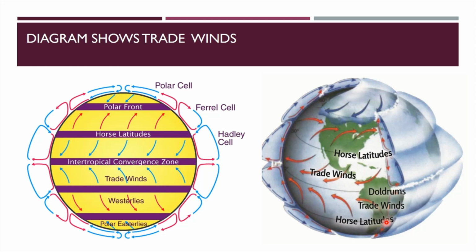Horse latitude is given this name because in early ages ships were transporting horses, but this area had very little wind. They were sailing with the help of the wind, but in this area there was no wind.